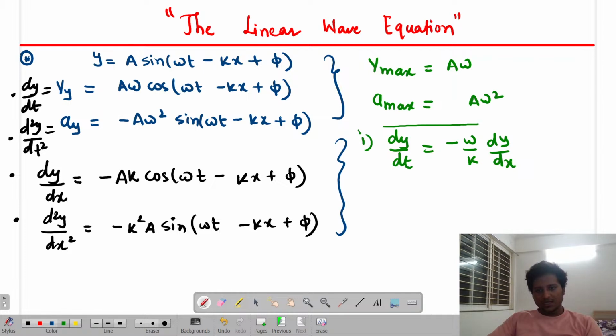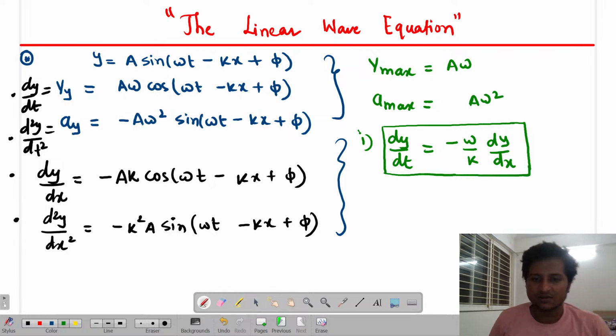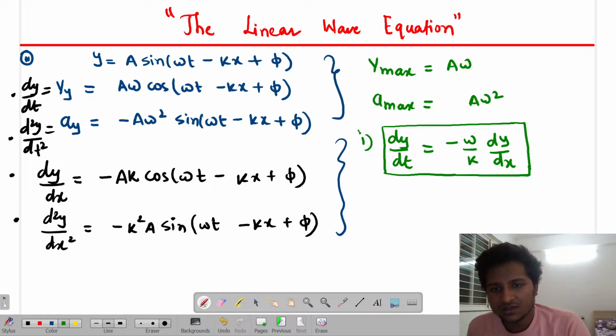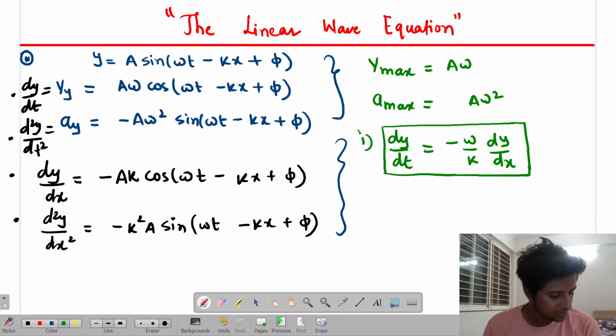So this is called the linear wave equation of the graph. It means the variation of the particle's position with respect to time is nothing but minus omega by k times the variation of the particle with respect to position.